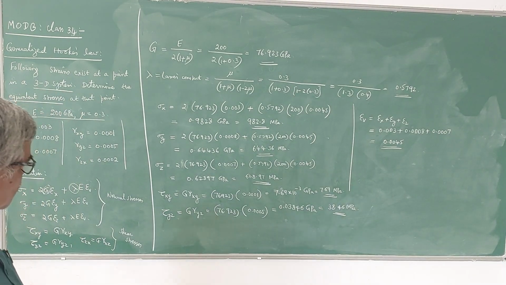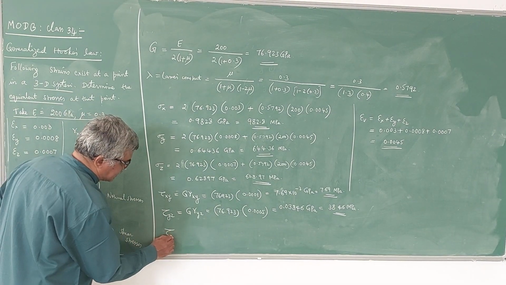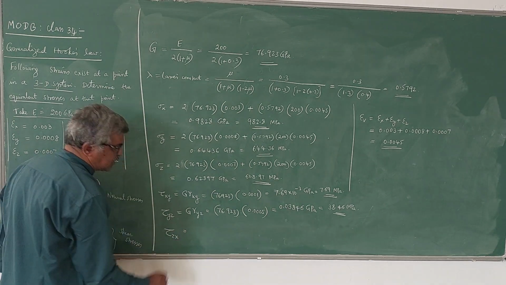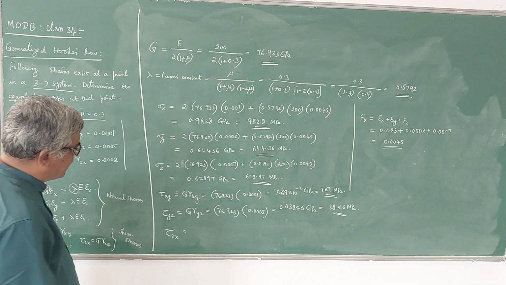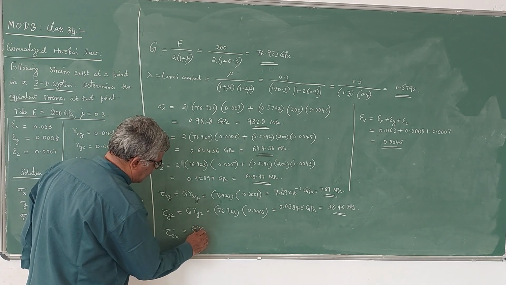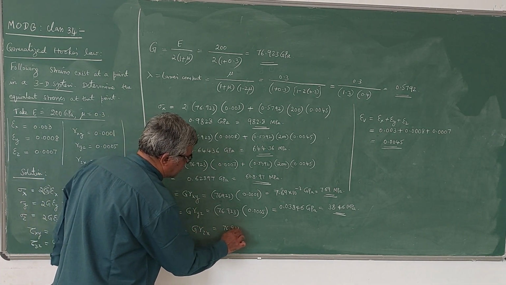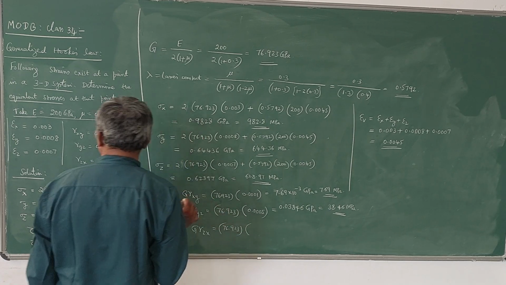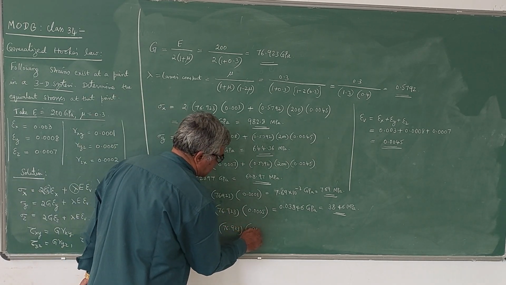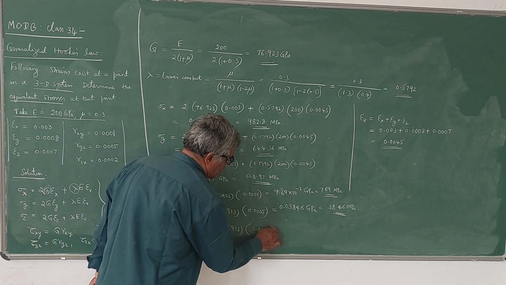Then tau zx, the tangential shear stress in the zx plane. G into gamma zx. 76.923 into gamma zx, which is 0.0002.